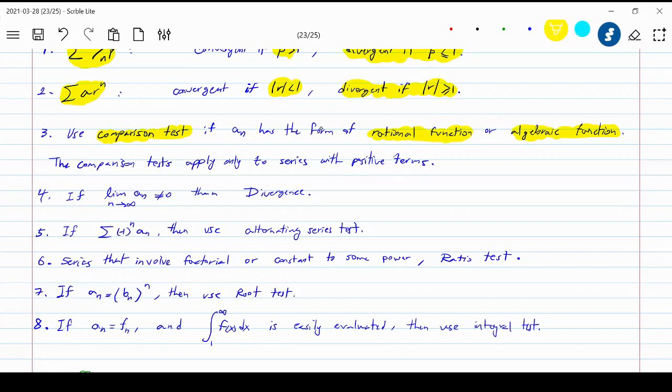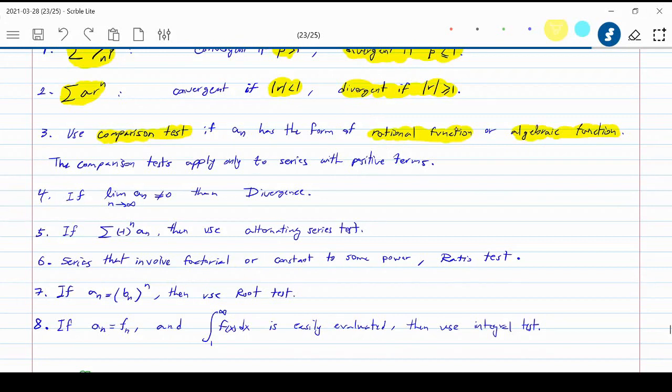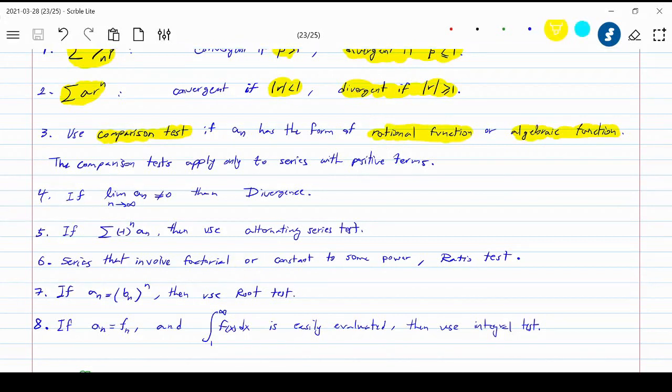And how do you apply it is you pick the largest term. If you're dealing with a fraction, you pick the largest term in the numerator and the largest term in the denominator. That would be a good indication to use the comparison test.